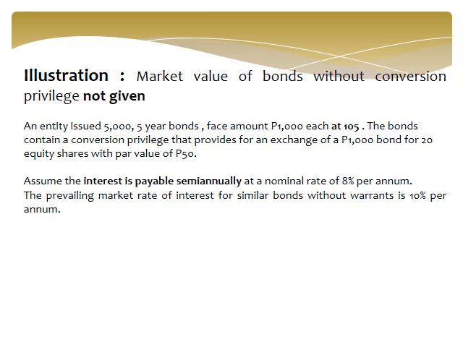So, the same information, but we have an assumption that the interest is payable semi-annually at a nominal rate of 8% per annum, and the prevailing market rate of interest for similar bonds without warrant is 10% per annum.